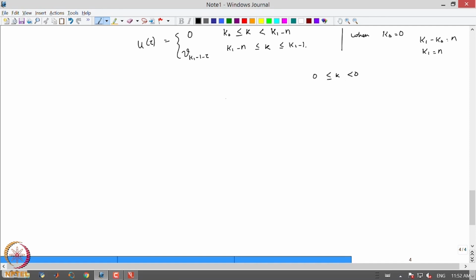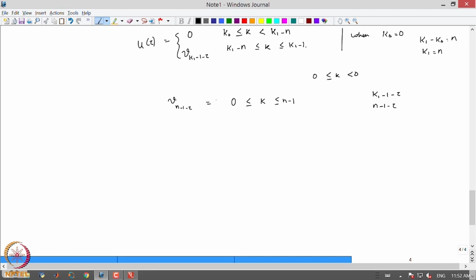So, the second expression will say that, okay, for 0 less than or equal to k less than or equal to n minus 1, I will have the input v. Now, I have k1 minus 1 minus tau. What is k1? This is n minus 1 minus tau. So, I have v of n minus 1 minus tau. Okay.